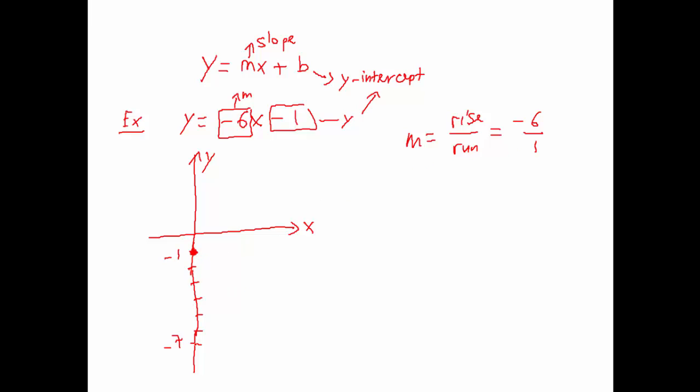So go down by 6 from the y-intercept, go to the right by 1, plot another point, and then connect them together. This gives you the graph of the linear equation in the slope-intercept format.